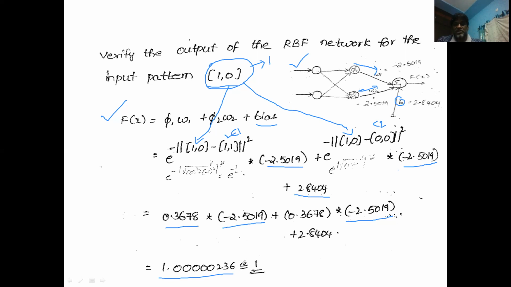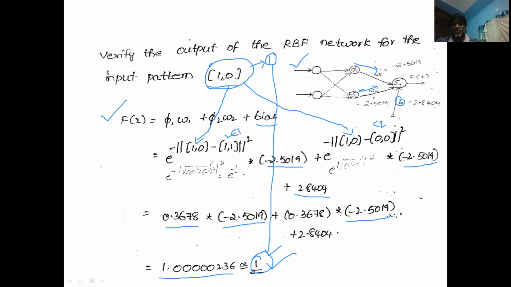We can say that this is approximately equal to 1. So the desired response for this input pattern is 1, and our radial basis function neural network also calculated the expected output, that is, output as 1. So it is working fine. The radial basis function neural network is working fine.